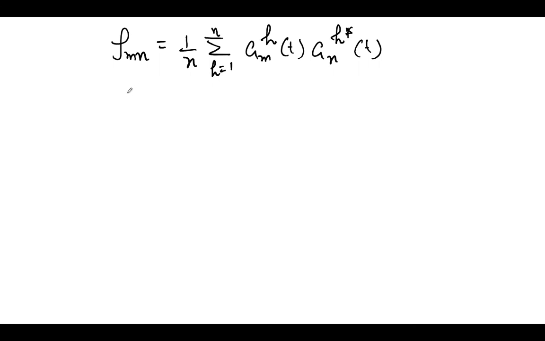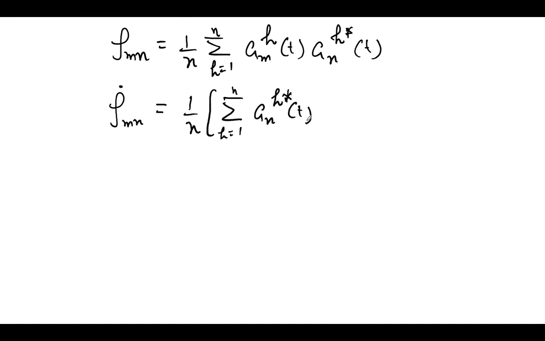Taking the derivative, this becomes ∂ρ_mn over ∂t, that is 1 over N. I will take the derivative one by one: a_nk*(t) and take the derivative of the first function, so ȧ_mk(t), plus the first function as it is, and take the derivative of the second function, ȧ_nk*(t).